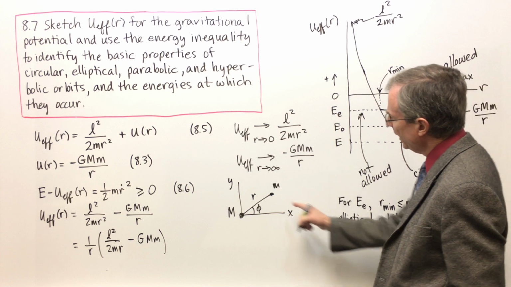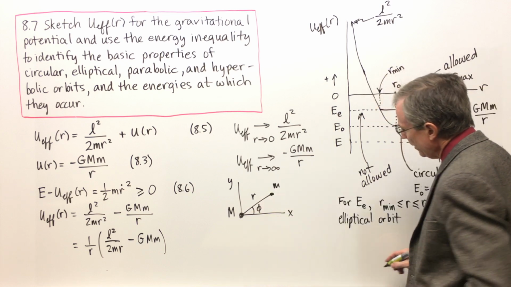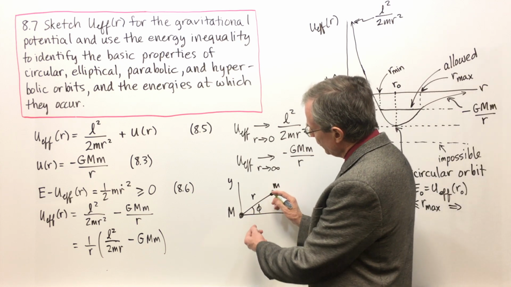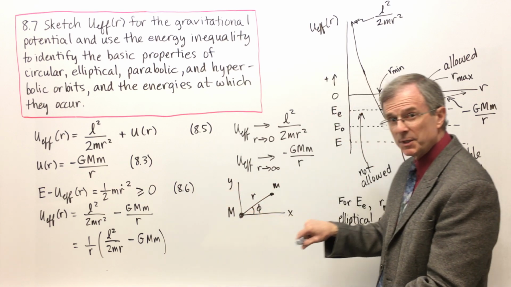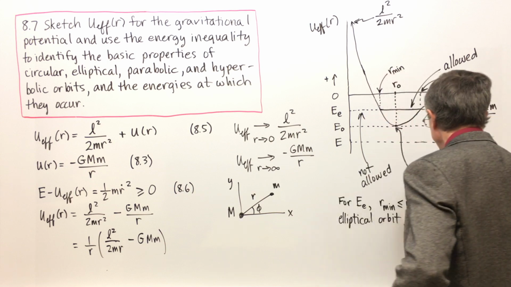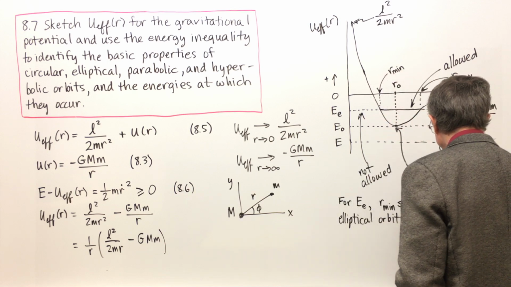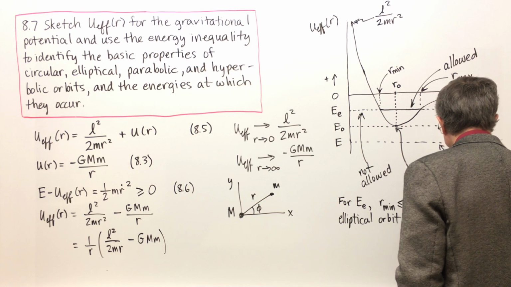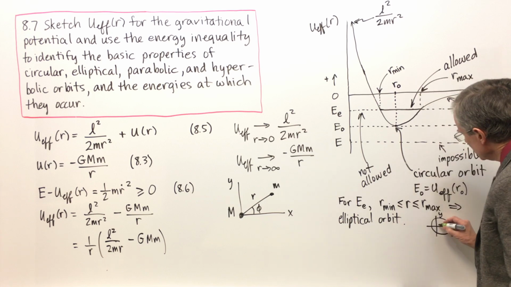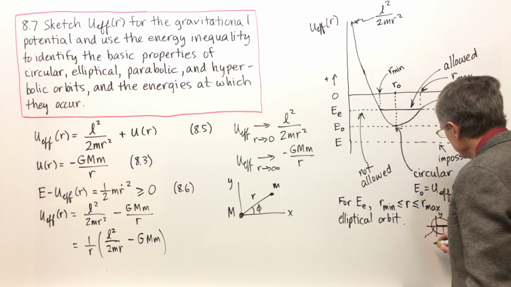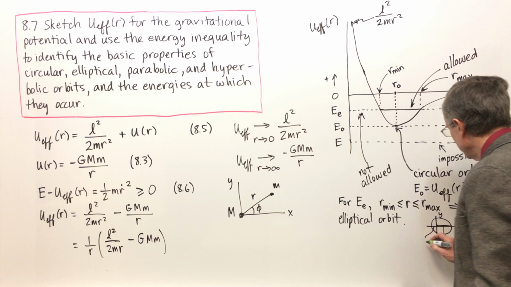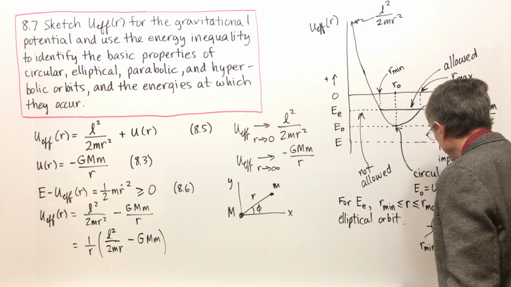And how can you imagine it over here? Well, that will mean that it'll be going along for a while with R decreasing down to a minimum, then it'll be going along for a while with R increasing up to a maximum, and we get an orbit that looks like this, where this distance here is R max, and this distance here from the origin out to this point here is R min.